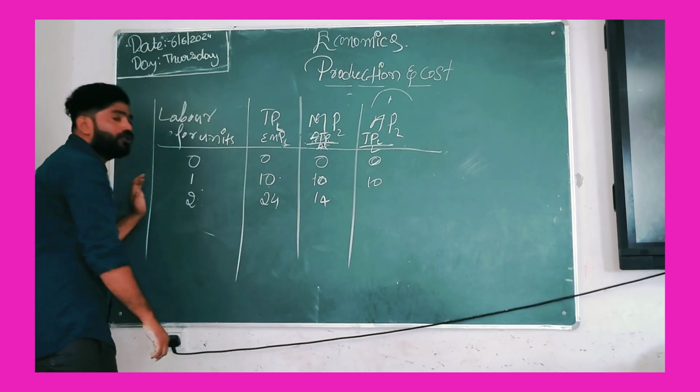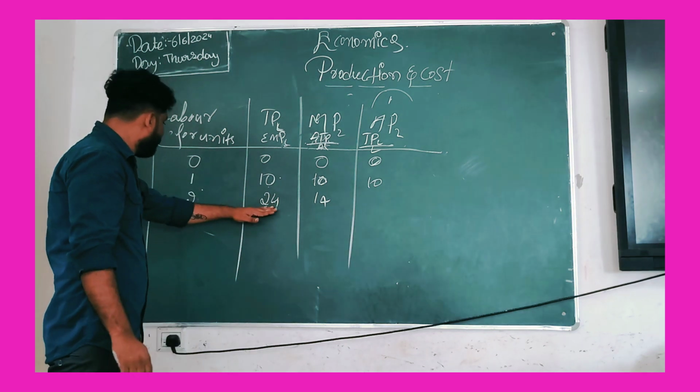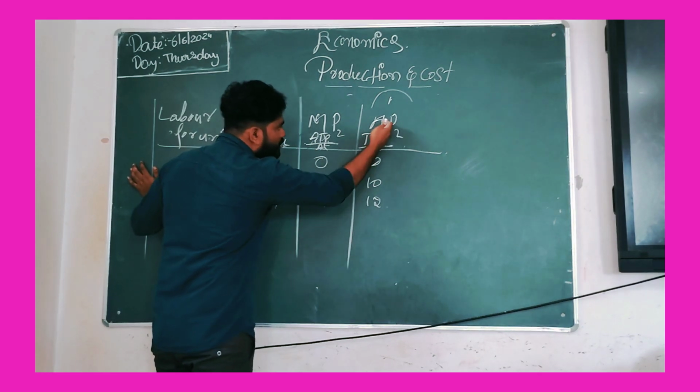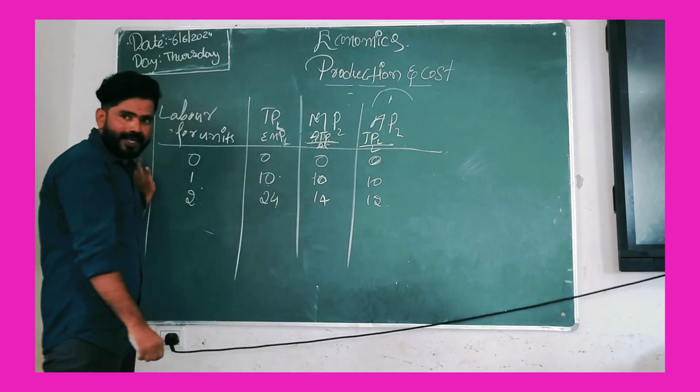That's why we divide 24 by 2, which is 12.